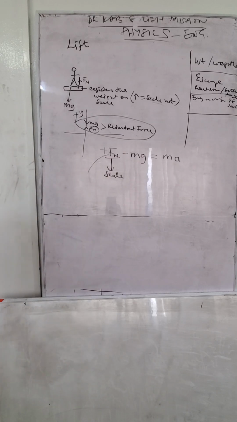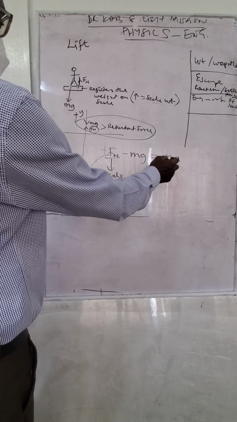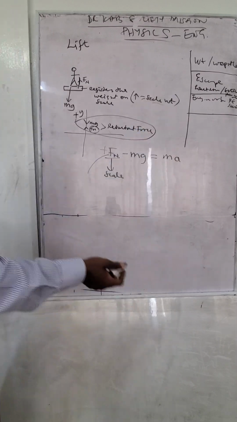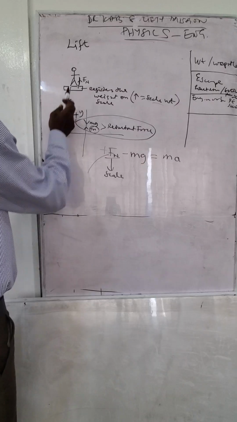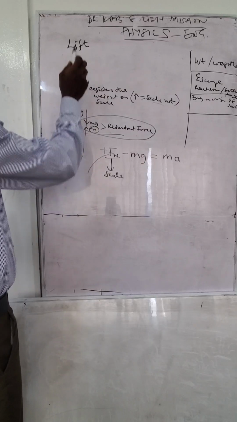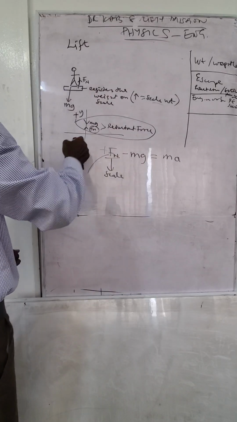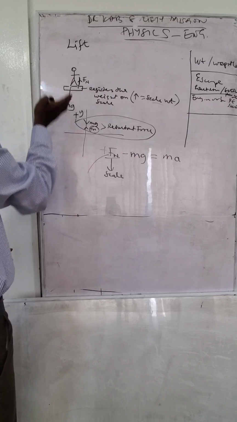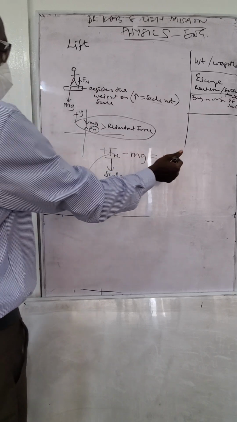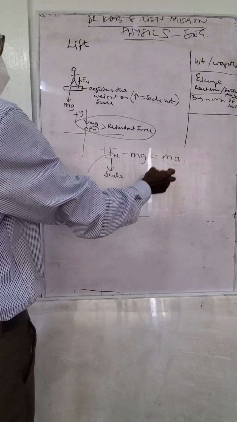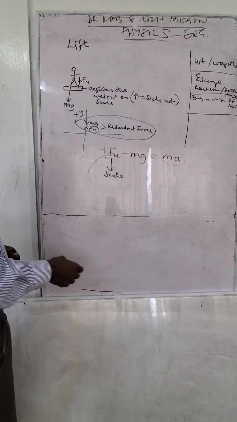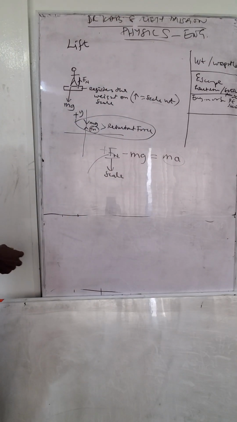So this is the net, the resultant force. If you are told the lift is exerting Fn and the mass is this, the resultant movement of the lift will tell you this one. So this is the resultant, whether it's going up or down.